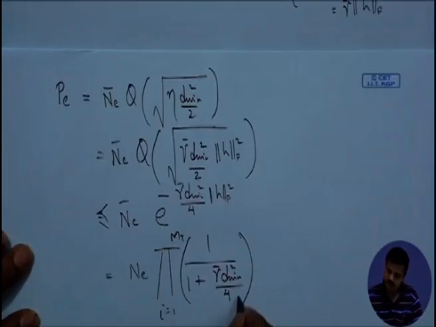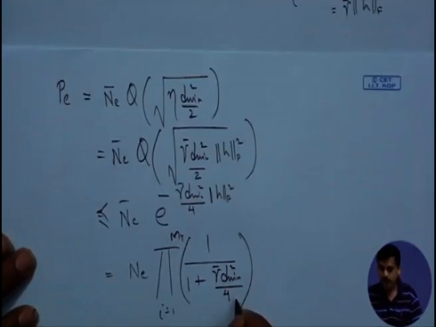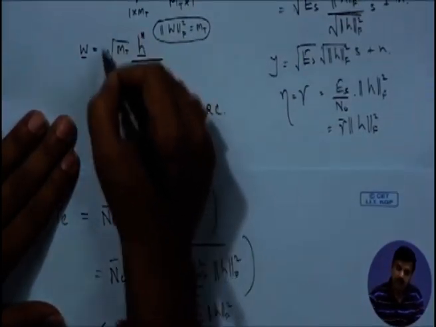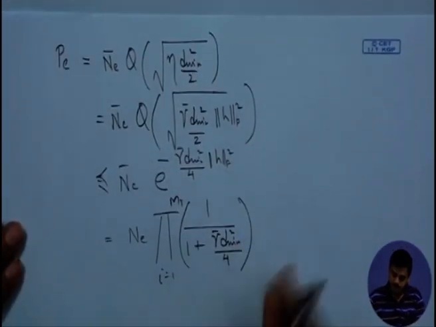Right. So what is different than the pure diversity case? There was an M over here because there were M separate branches, but in this case the M is gone because we are doing this kind of combining. It's particularly because of the W that we have chosen in this case, so that helps a lot.